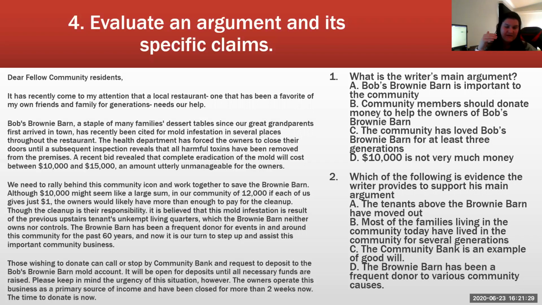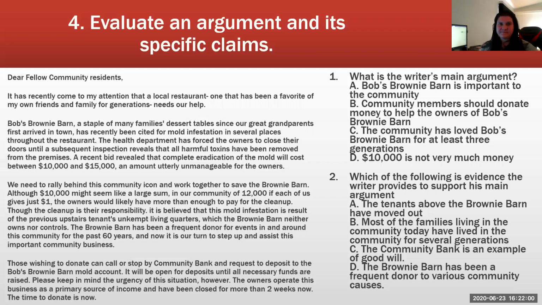The main thing that really drives it home for the community to help support Bob's Brownie Barn is that the Brownie Barn has been a frequent donor to various community causes. So they've given back to the community, you should give back to them. That supports the main argument. The other things are just supporting details. I hope that makes sense.